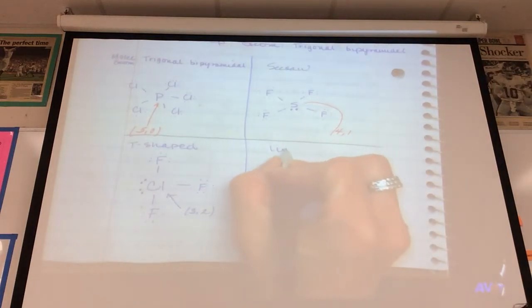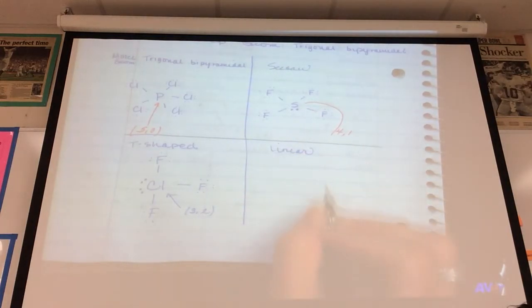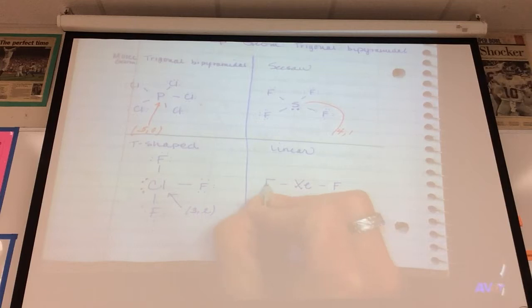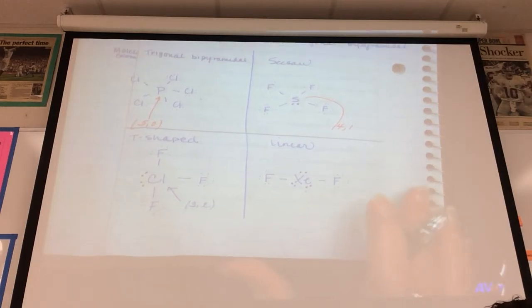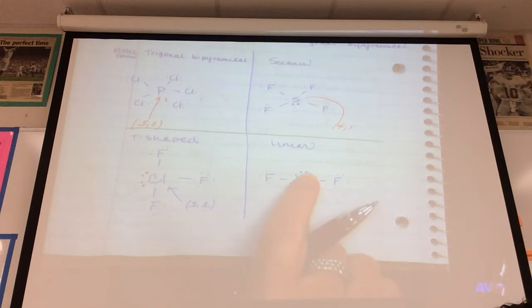And then finally, you've got this weird linear: xenon difluoride. What the heck? And these atoms are in a line, and then these lone pairs make like a triangle.